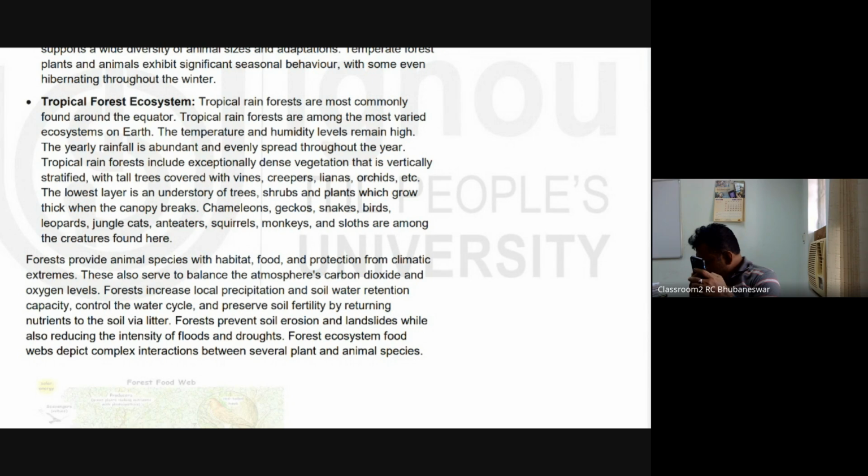Here in tropical regions, you'll mostly see the evergreen forests, tropical evergreen forests, and deciduous forests. These are the primary types of biomes observed in the tropical region. The deciduous forest receives rainfall, but you may not see rainfall throughout the year in the tropical region. The evergreen forests are mostly near the equatorial region, which receives a high amount of precipitation throughout the year.